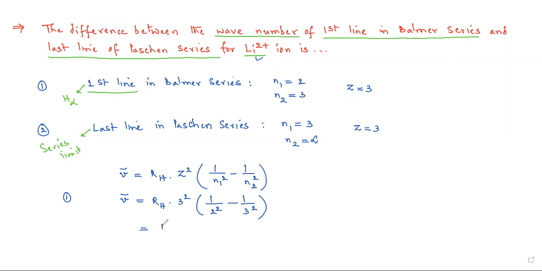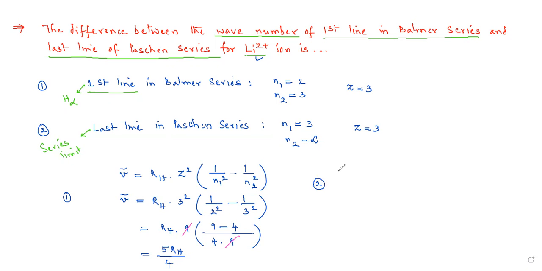So this can be written as RH into 9. Take LCM, 4 into 9. Now this will be 9 minus 4, right? Then simplify this. This 9 and 9 get cancelled. So we will get 5 RH by 4. Is that right? Now this is case 1.